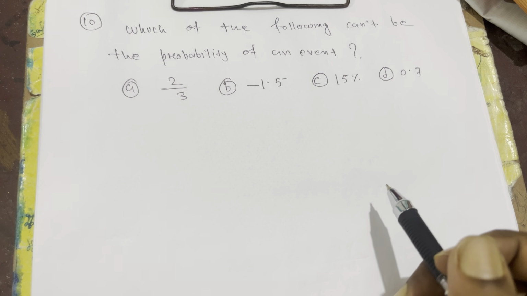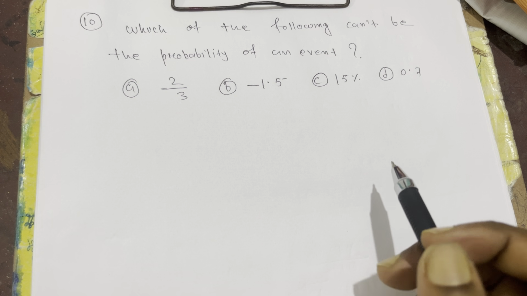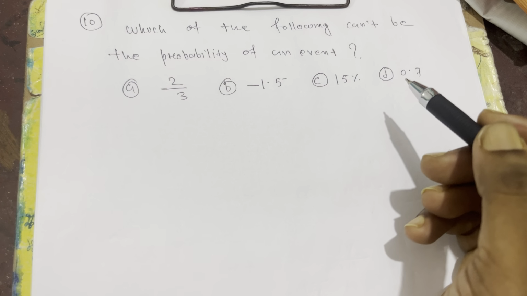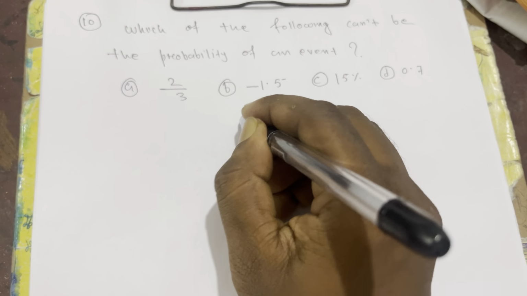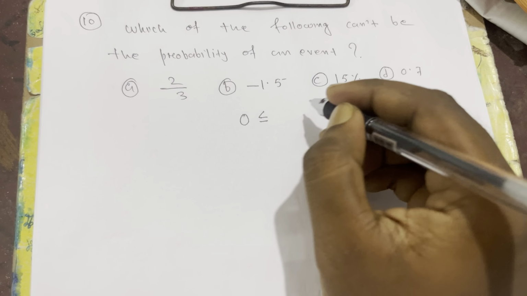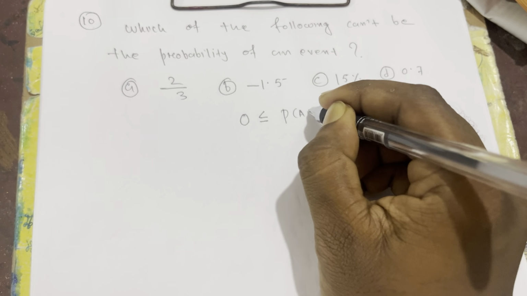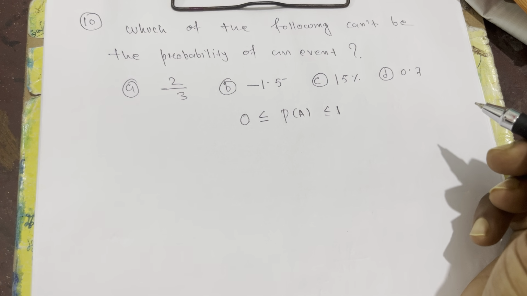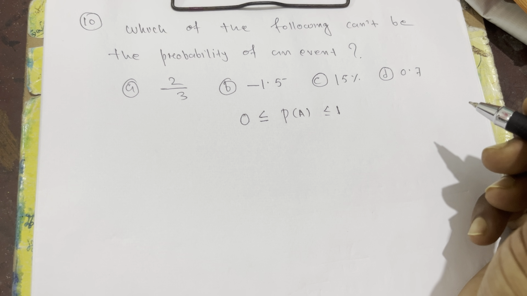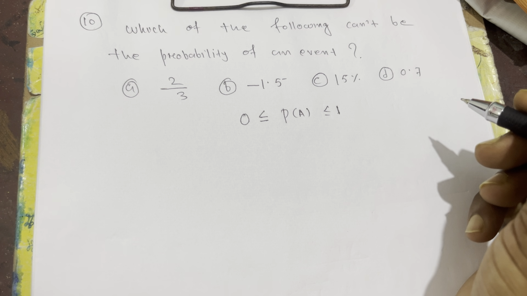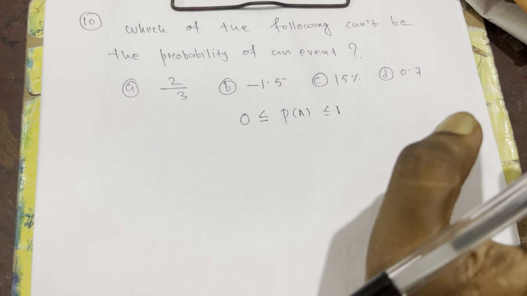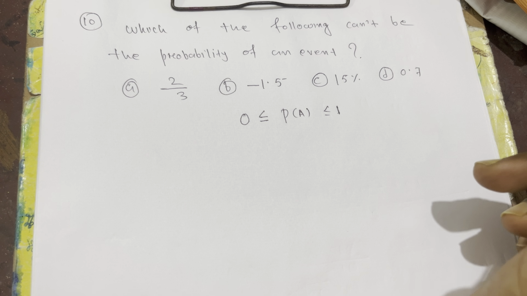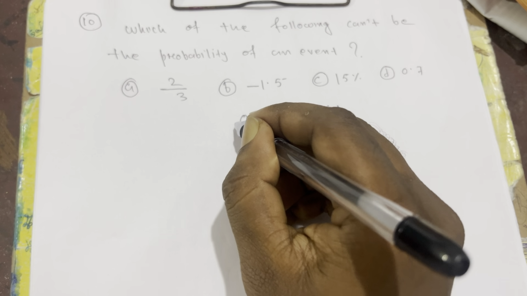So question number 10. Which of the following cannot be the probability of an event? This is also the same as question number 9. The value of probability always lies between 0 and 1. The minimum value is 0 and the maximum value is 1.